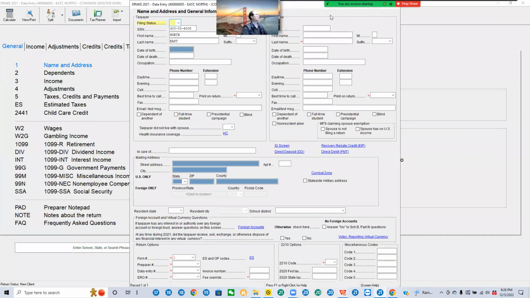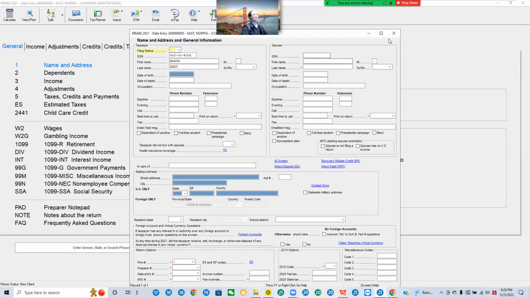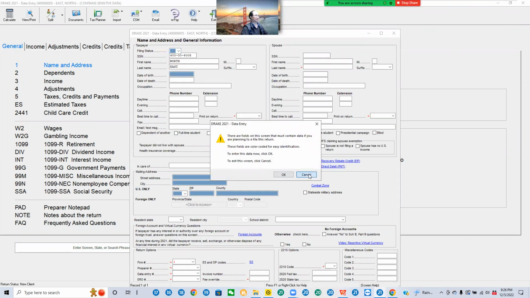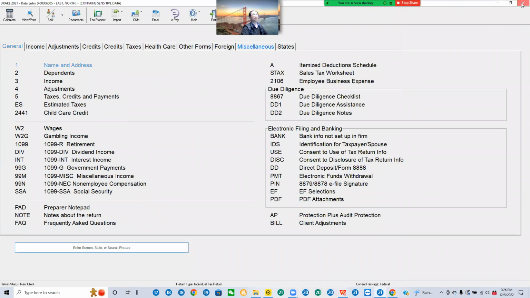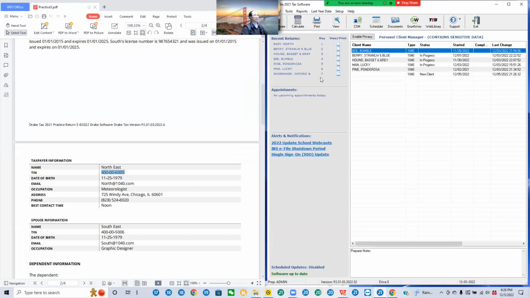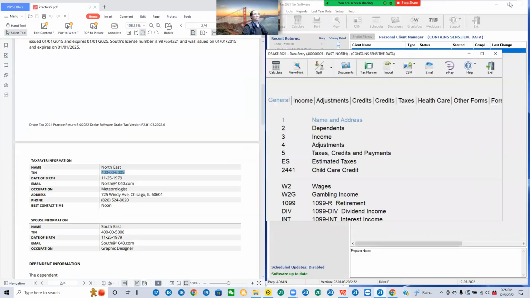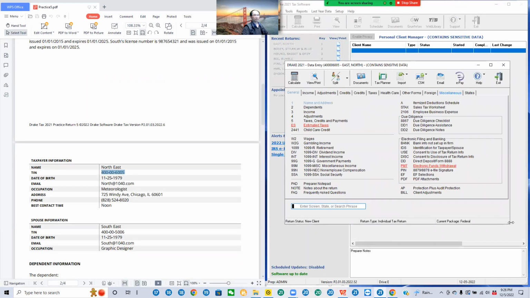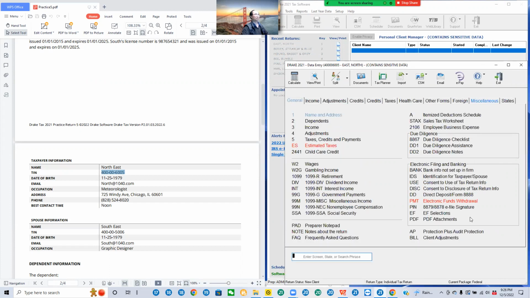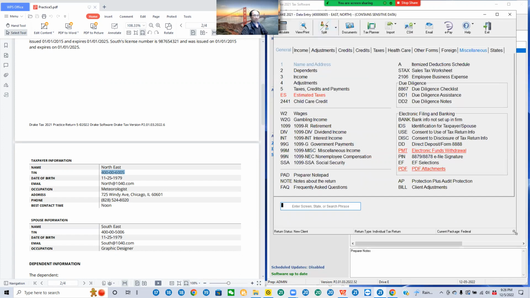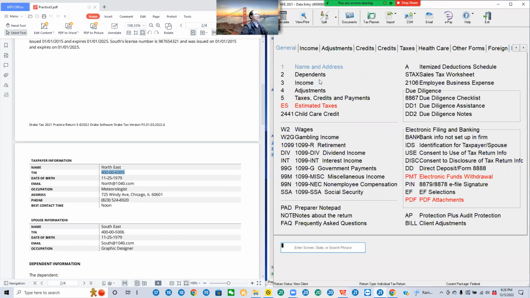Let's see. It doesn't let me. I want to split the screen so that I could be able to do just the screen on this side, so that we can see it side by side.